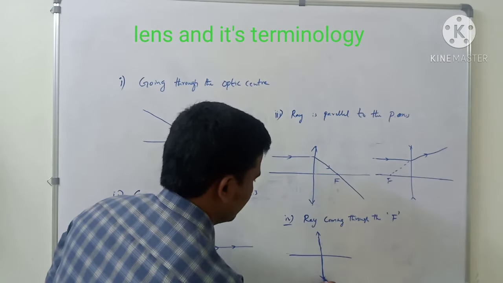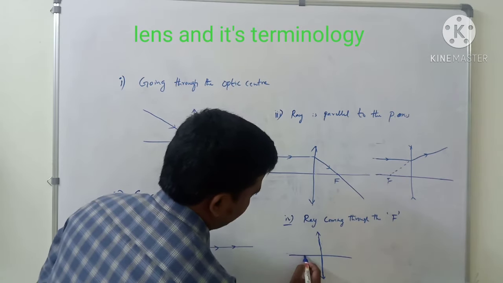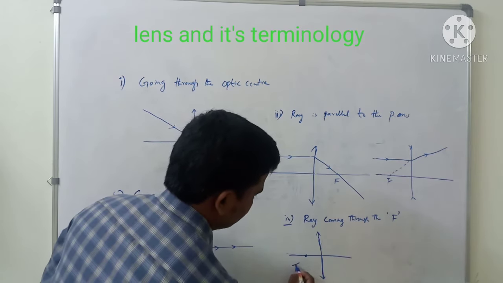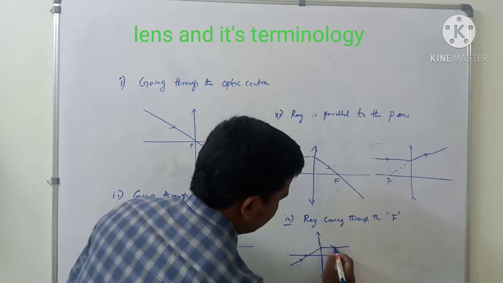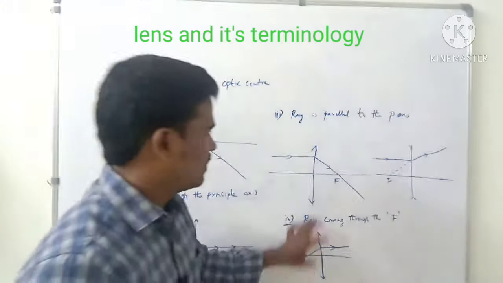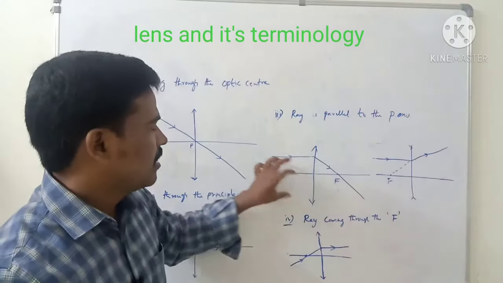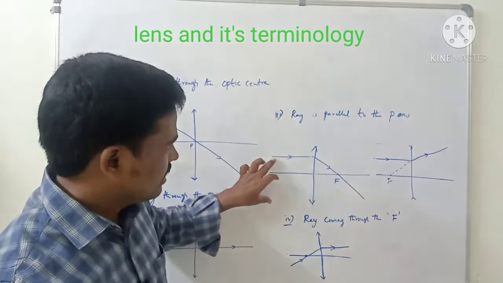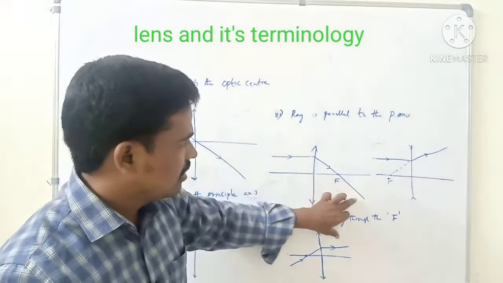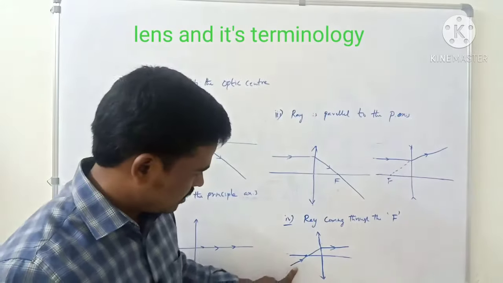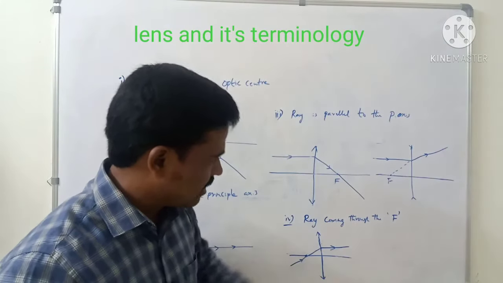If the ray is coming through the focus, like this, what happens to the ray? The ray goes parallel to the principal axis. This is opposite for the previous one. Here, the ray coming from the focus goes parallel.